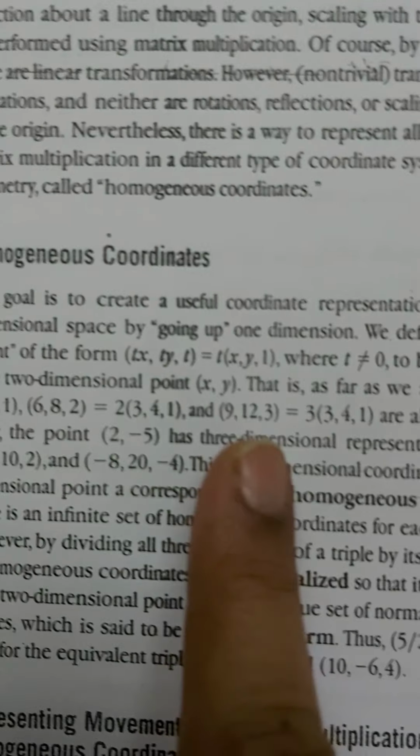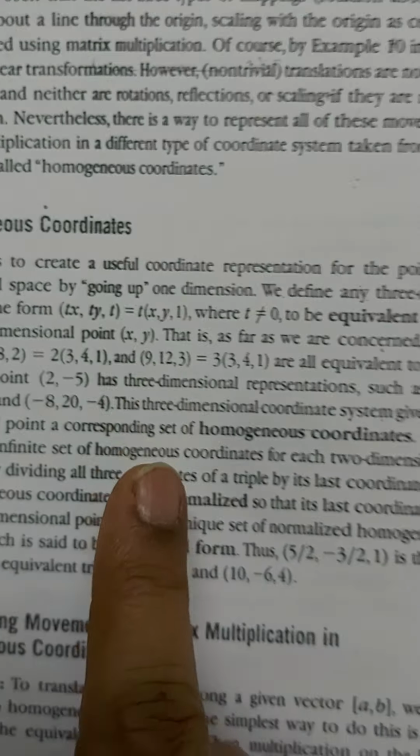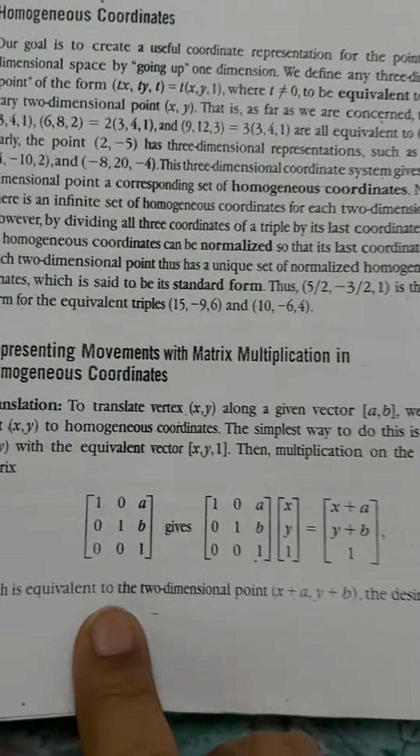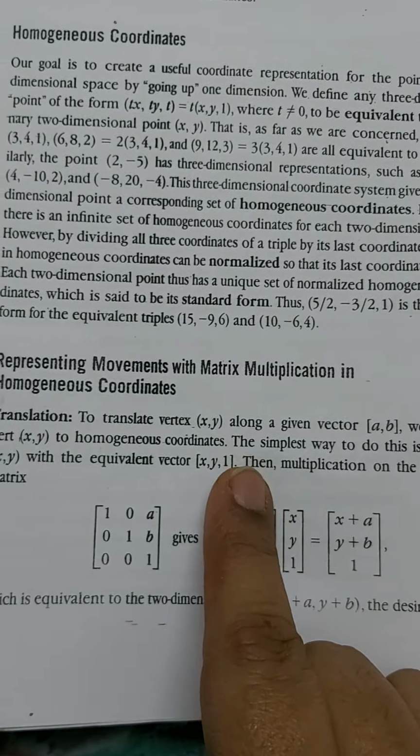So what we will do in homogeneous coordinates, for any point (x, y), we will replace it by (x, y, 1). Homogeneous coordinates means we replace (x, y) by (x, y, 1). (x, y, 1) is the same as (x, y). Clear?